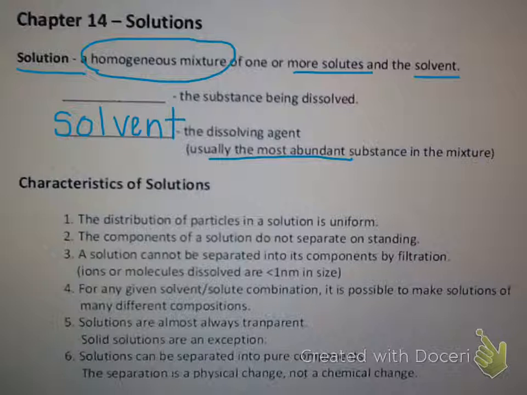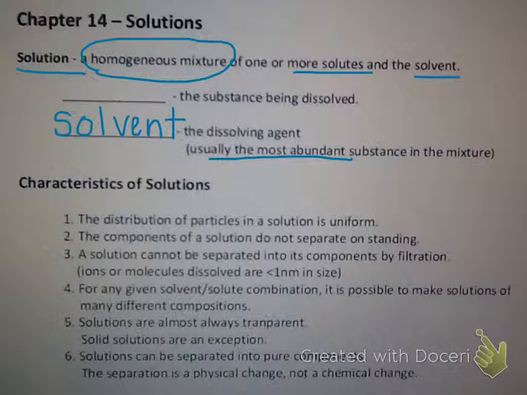Because they're both liquids, the water would be the solvent because it's in the greater amount. But if I had 100 milliliters of ethanol and only 50 milliliters of water, we would then call ethanol, that liquid, the solvent. So whenever your phases are the same, the solvent is the one that's most copious. All right, the solvent is the dissolving agent.